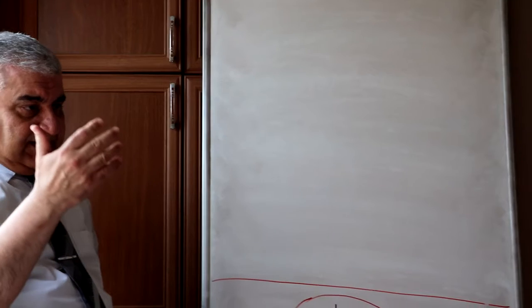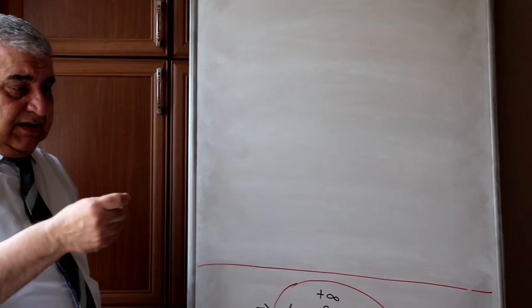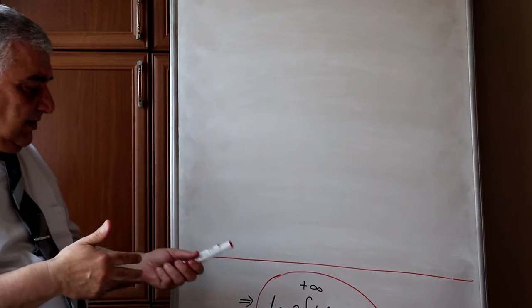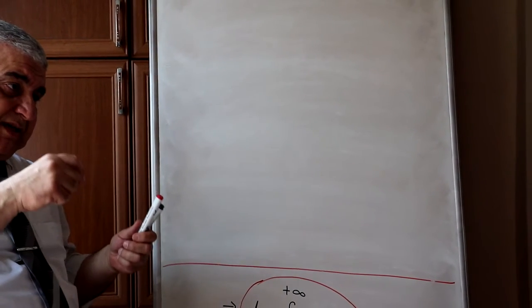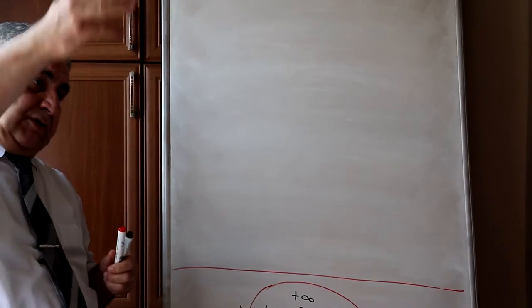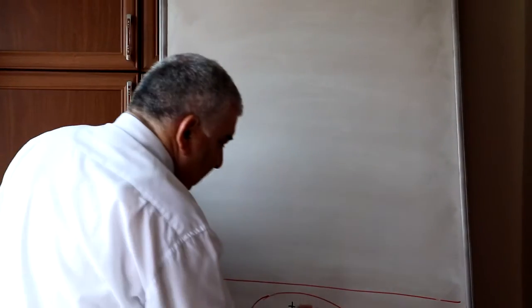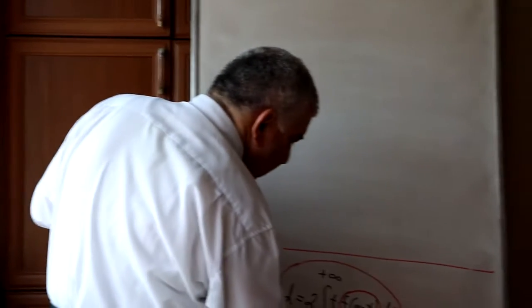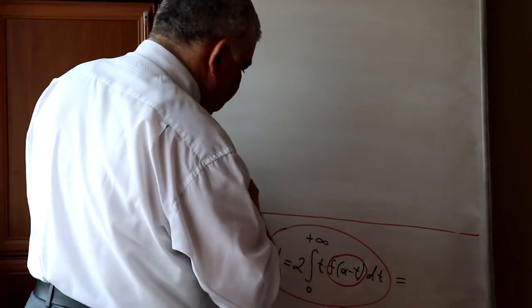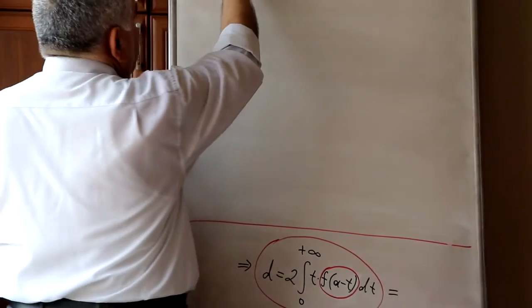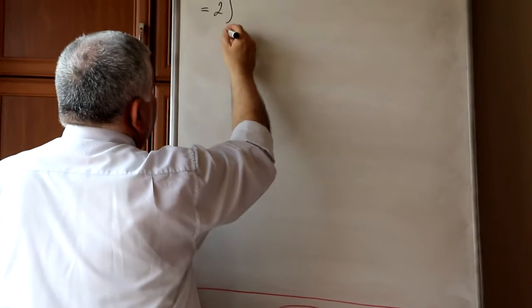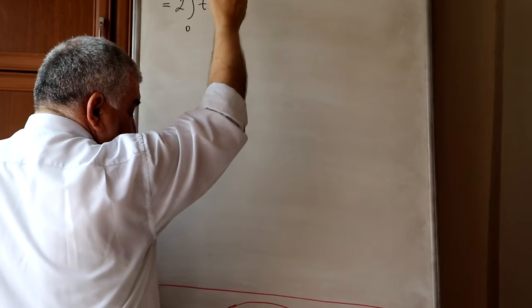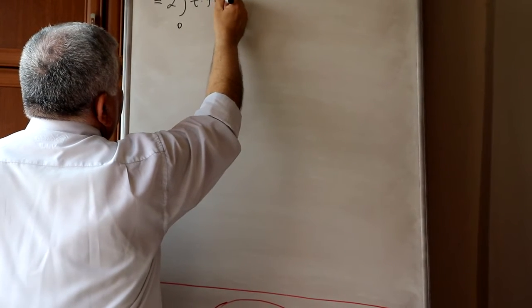Then remember that the normal distribution is symmetric with respect to a, and it means f of a minus t is equal to f of a plus t according to the definition of a symmetric function. And we can write f of a plus t instead of a minus t. We write twice integral from 0 to plus infinity of t multiplied by f of a plus t dt.